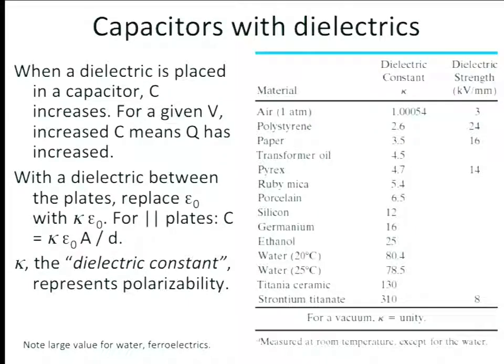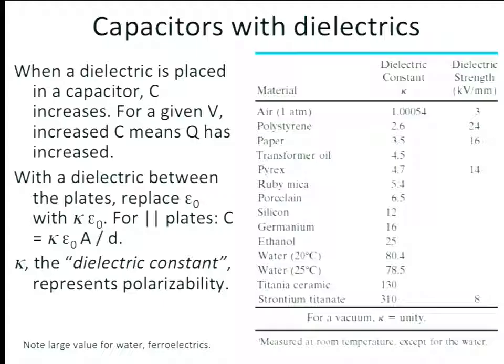So here I have a table that I wanted to show you. This paper is wonderful. Showing you the dielectric constant. That is the polarization that occurs when you put these in. And you'll see that ordinary materials, paper, polystyrene, oil, Pyrex glass, mica, porcelain, they're all the ordinary induced polarization stuff.